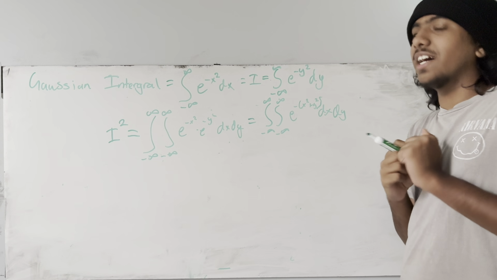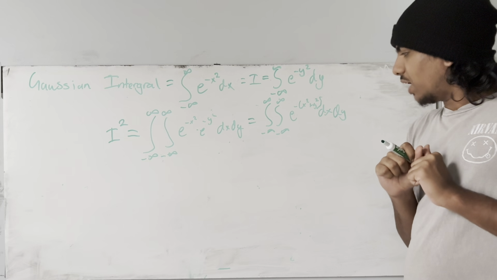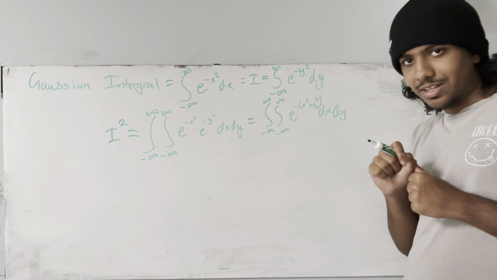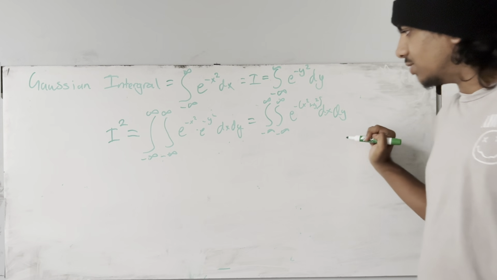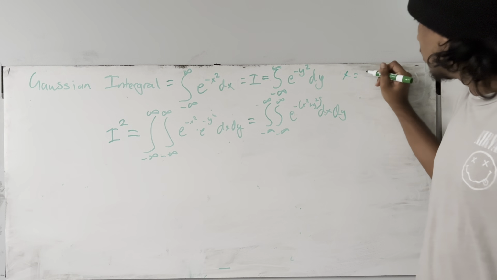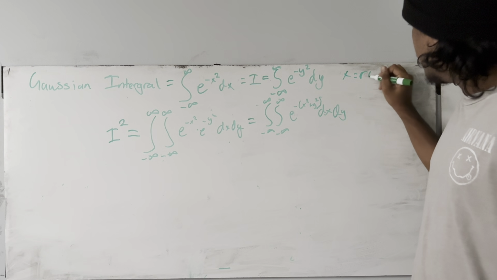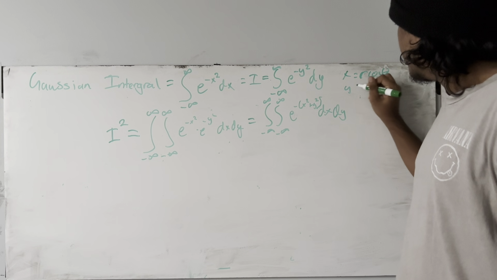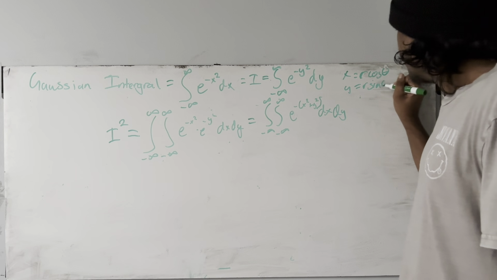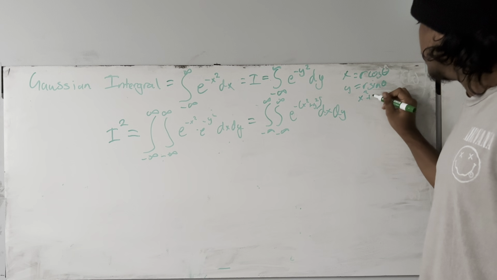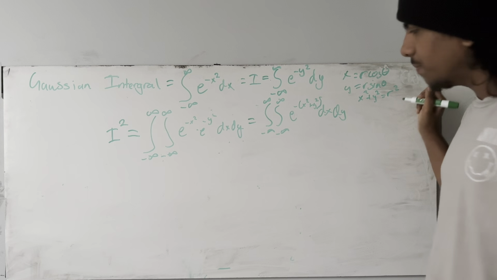This is probably like a layup for you, because why? You have an x squared plus y squared. Polar coordinate substitution. So I'm gonna let x equal r cosine theta, y equal r sine theta, and x squared plus y squared equals r squared.